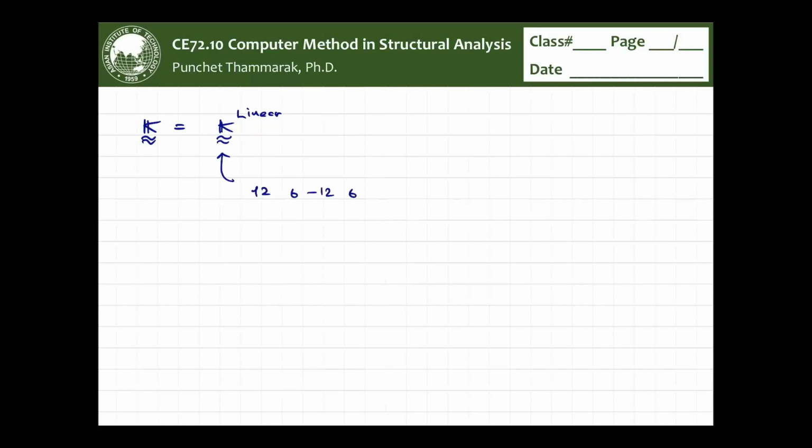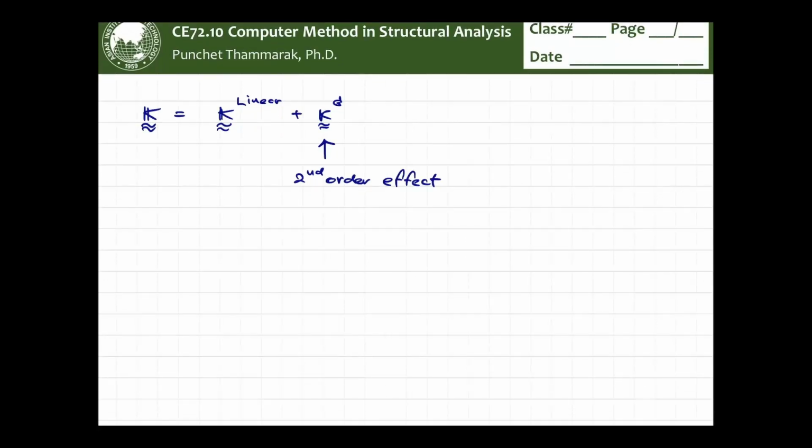Normal stiffness without the second order consideration, plus KG. So this part adds on top of the linear stiffness. The geometric part adds in, and this part takes care of the second order effect. So let's see how the KG looks.